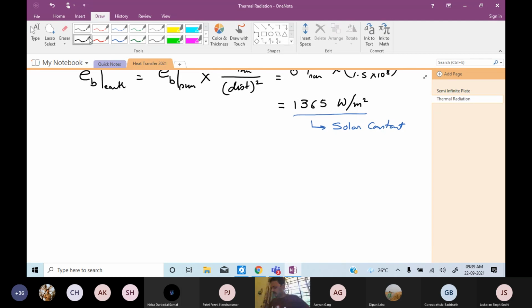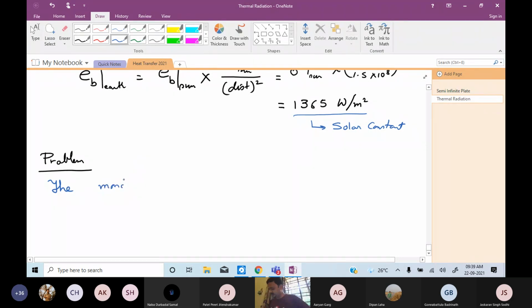Let's do another problem. The monochromatic emissivity of a surface varies as follows.